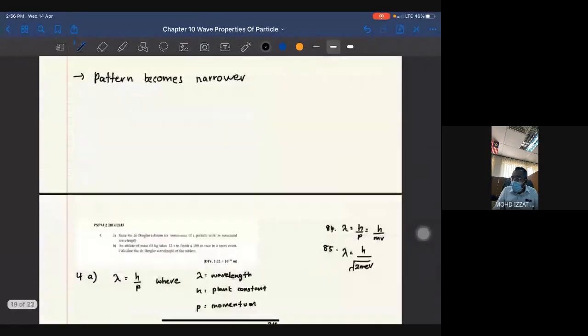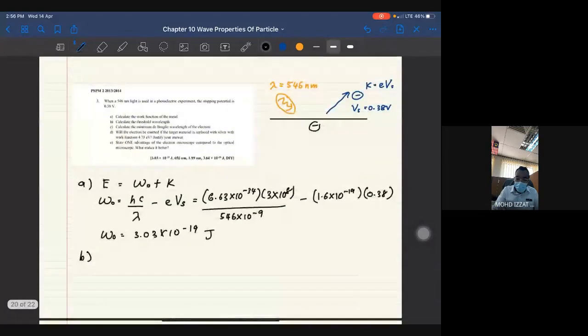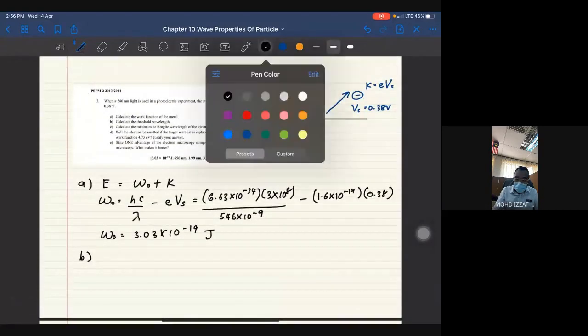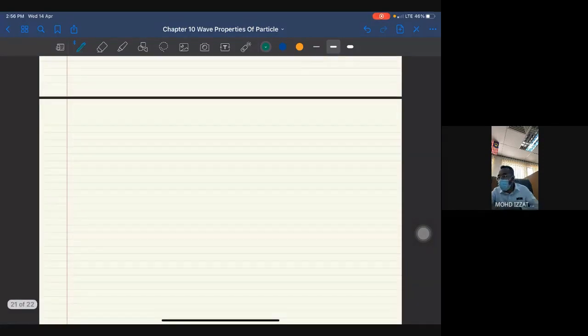Saya pergi dekat formula. Oh, ini tak ada formula. I can write down the formula for this chapter. It actually covers 1, 2, 3, 4. Banyak pula formula dia.